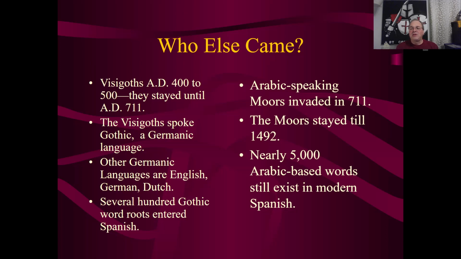Now, remember I mentioned 711? I've got a little memory aid for you here. The Visigoths were there from the 400 to 500s until 711. I know this sounds funny, but just as a memory aid, picture the Visigoths stopping at a 7-Eleven to get their big gulps on their way back to Central Europe.